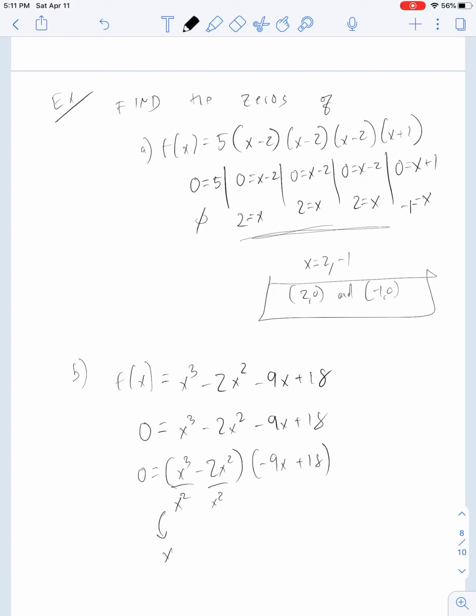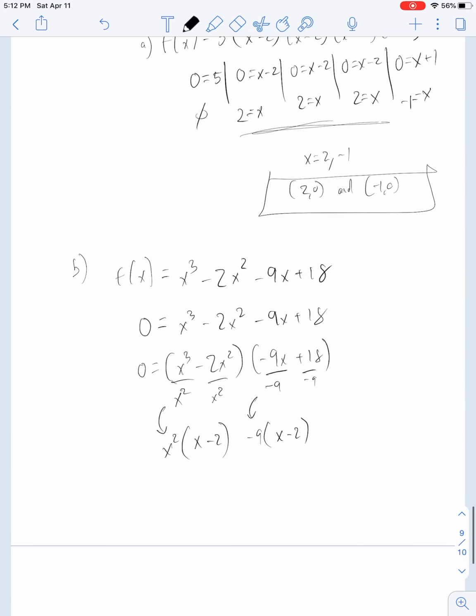GCF here is x squared. That comes out. We're left with the x minus 2. GCF here is a -9. That comes out. We're left with x minus 2. So now we can show it in our factored form.